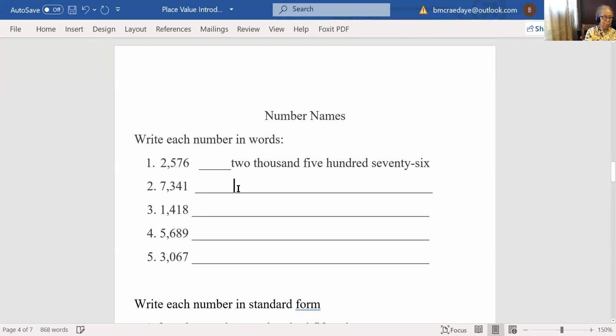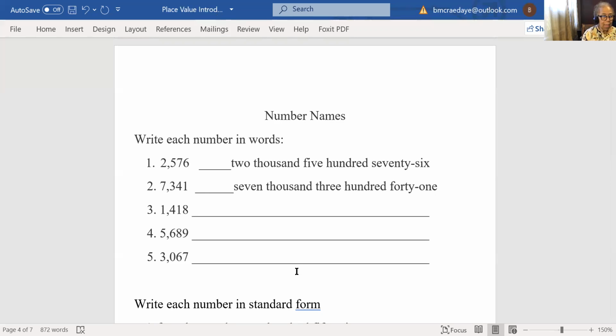Let's take the next one. The next number in words is 7,341. So we write 7,341.